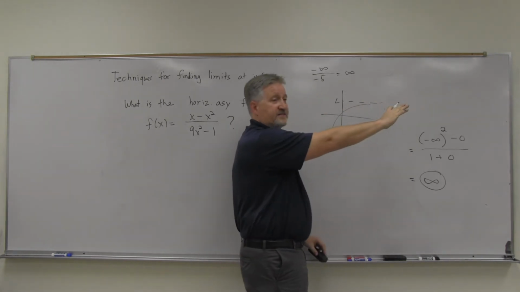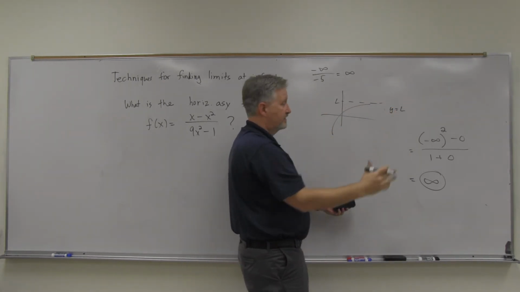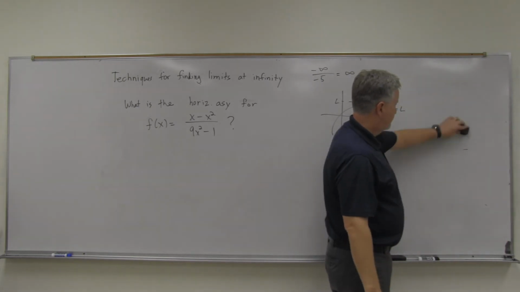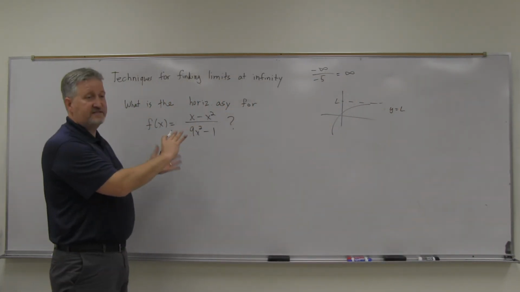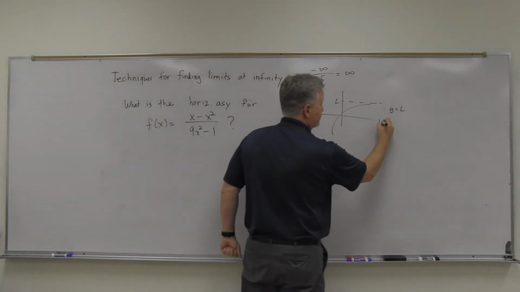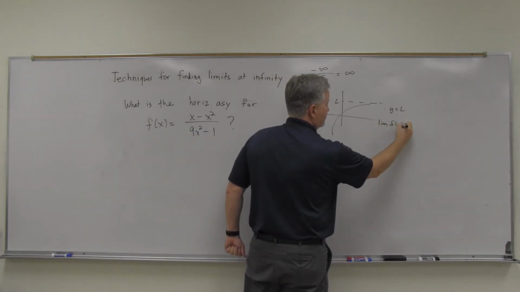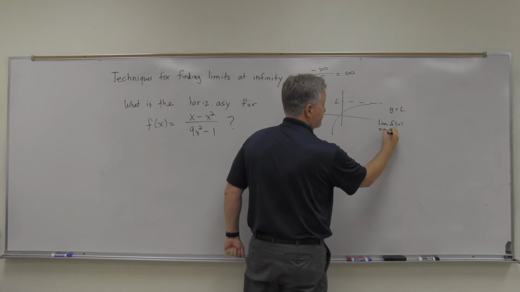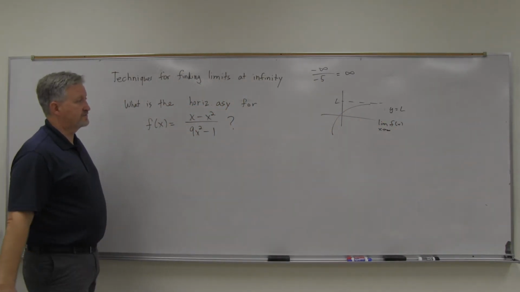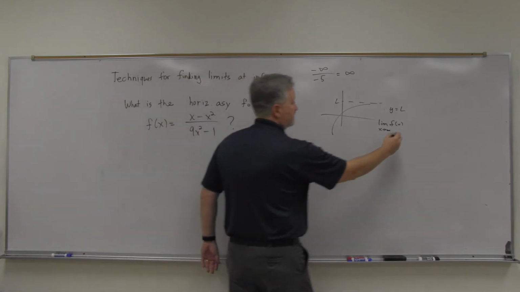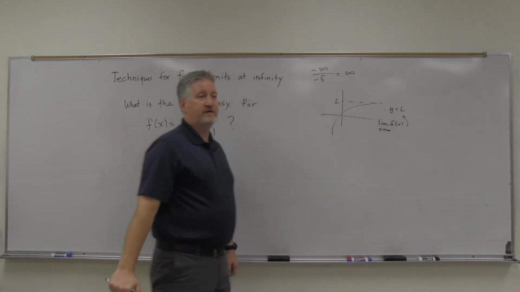It was what happened as x goes to infinity, or negative infinity. Either it's going to go to the same number. So this is asking, what's the limit of f of x as x goes to infinity, or minus infinity? It'll be the same. You're not going to get a different number on this one. So that's how we're going to find these horizontal asymptotes. Okay.